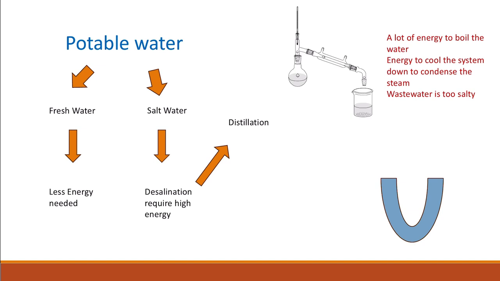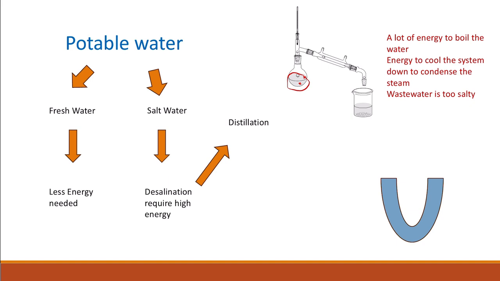In this case, a lot of energy will be needed to boil the water, and energy will also be needed to cool the system down to condense the steam. And the wastewater as well will be too salty to dispose of back into the rivers or into the oceans.